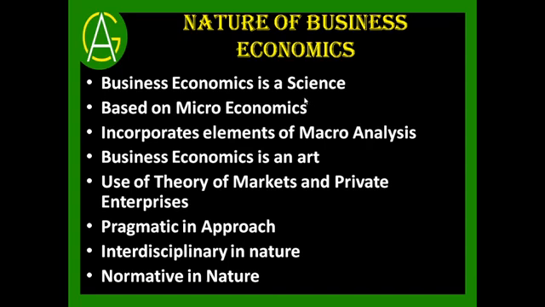Positive science answers the question what is, whereas normative science answers the question what should be or what ought to be. It means that when we talk about the present situation, it is positive science, but when we talk about the future situations, or we talk about the suggestions, or we talk about the ideal situations, it is normative science.